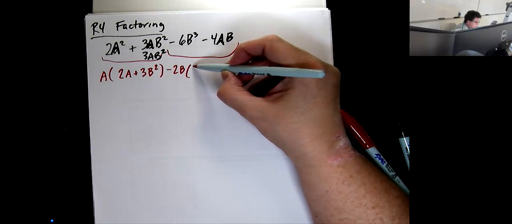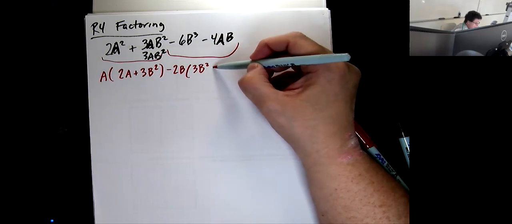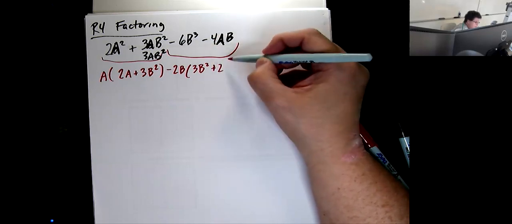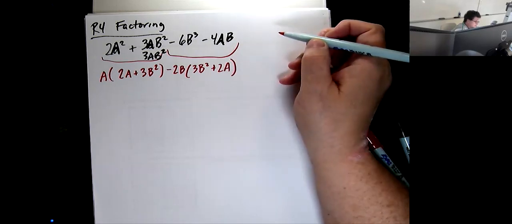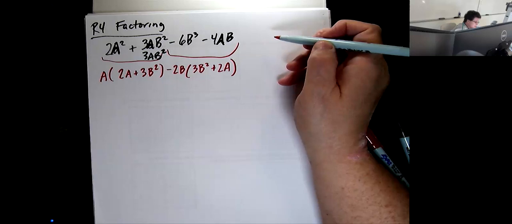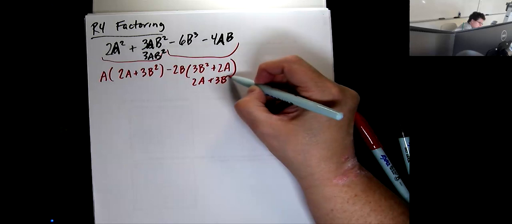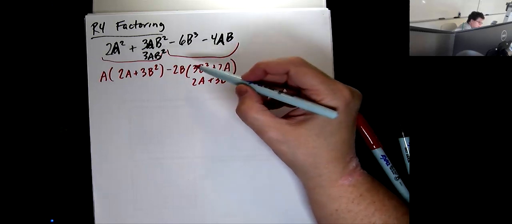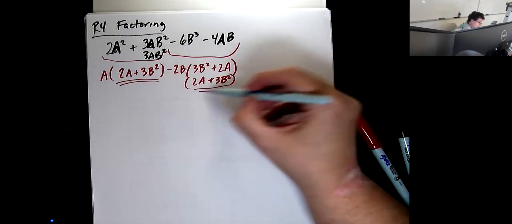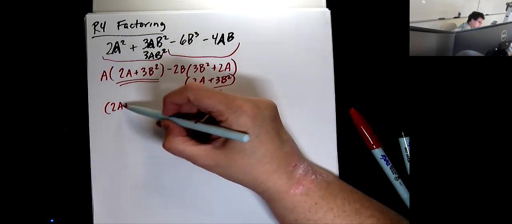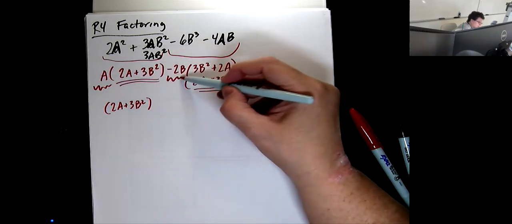That'll leave me with 3b squared. And dividing out the 2 from the 4 and the negative, we'll make that positive 2, and then we've got an A, and then the B gets taken out. Well, that's the same thing, right? If I switch the order, this is 2a plus 3b squared. So we have matching parentheses. We can factor that out, and whatever's left over goes in another parentheses.